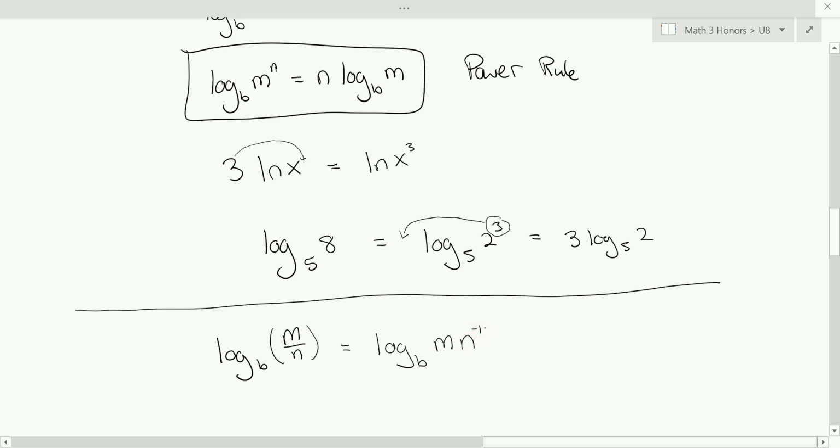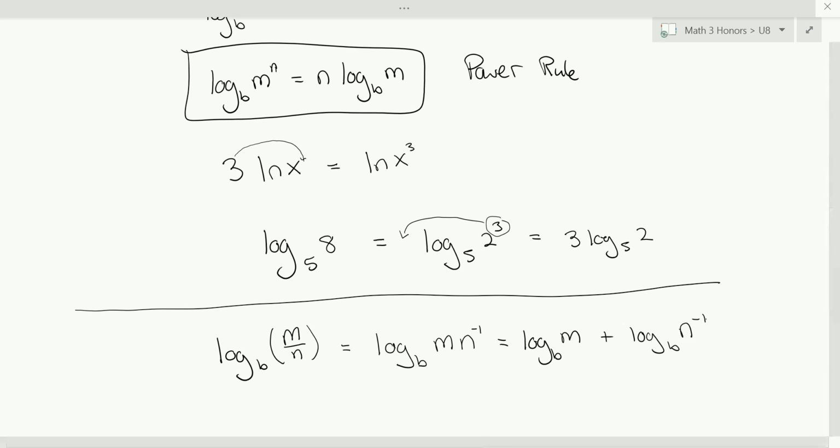So we just move the n up to the top of the fraction, give it a negative exponent. Now, here's a product, m times n to the negative 1. So we can use our product property and say that that's equal to log base b of m, keep going, plus log base b of n to the negative 1. That's what our product property led us to do.